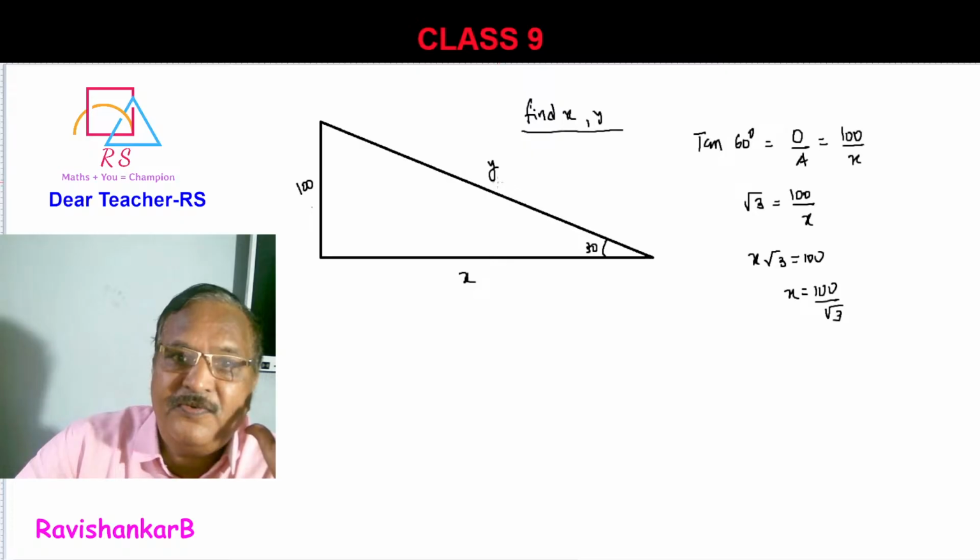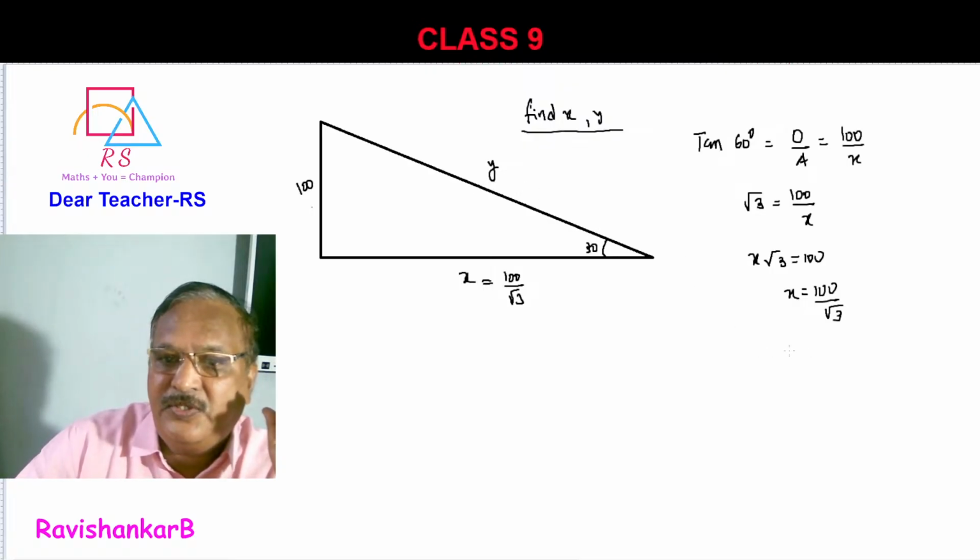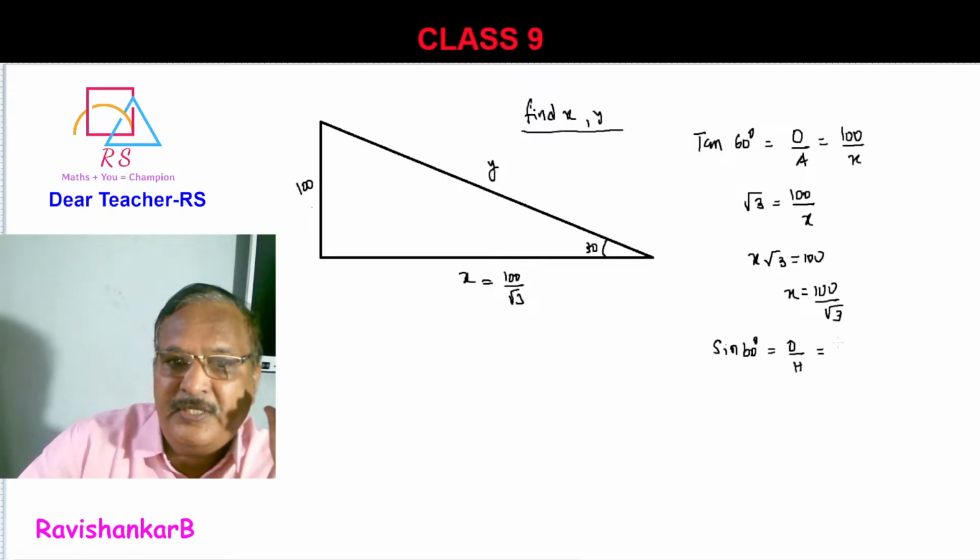Now we have to find y. The x value we have already got, 100 by root 3. Now for y, there is a relation between the opposite side and the hypotenuse. y is the hypotenuse. Opposite and hypotenuse, we have sine. So sine 60 is equal to opposite by hypotenuse. The opposite side is 100, the hypotenuse is y.